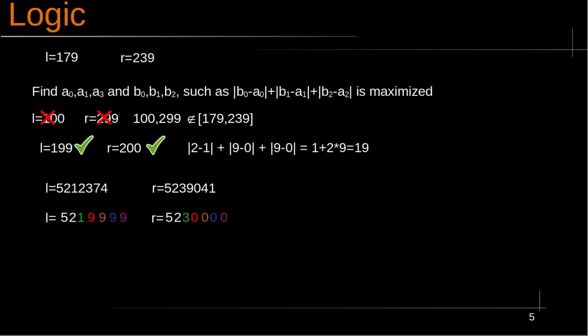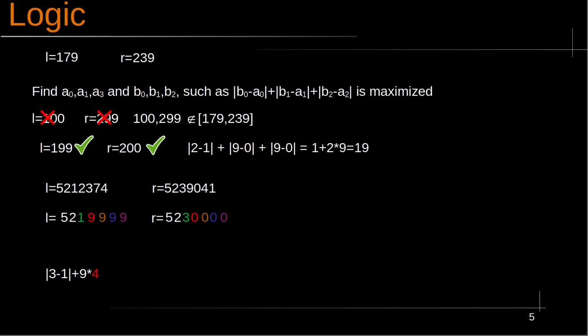So that way we have the range from L to R, and we have maximized the sum of the absolute values of the differences of the digits, because the max digit 9 minus the minimum digit 0 is 9.